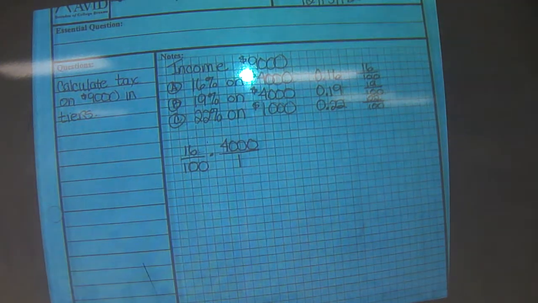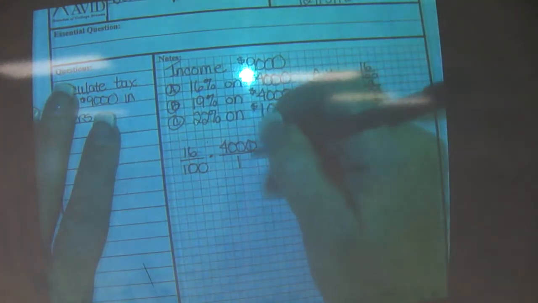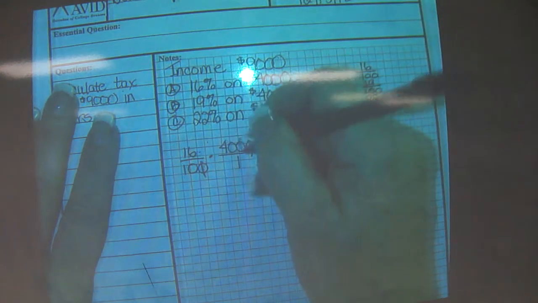Does anybody see any way they could simplify? Is there an easy way to simplify some stuff? Divided by 4? Well, let's just get rid of a 0 here and a 0 here.